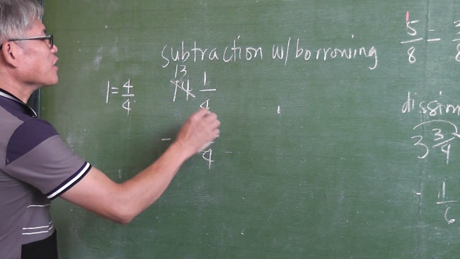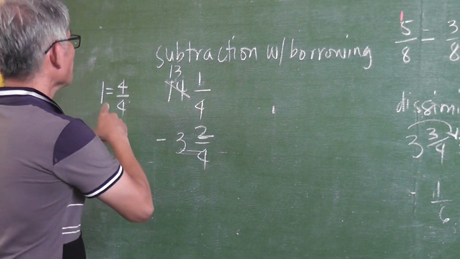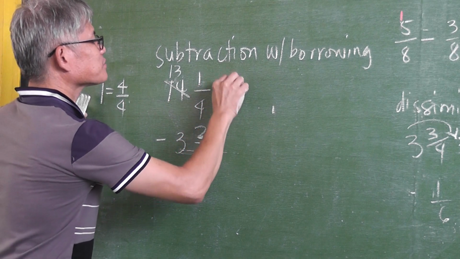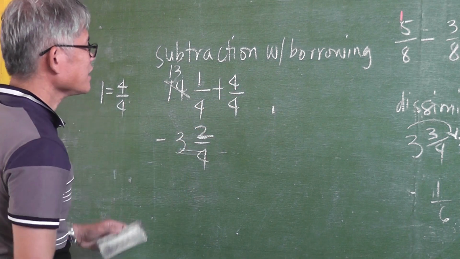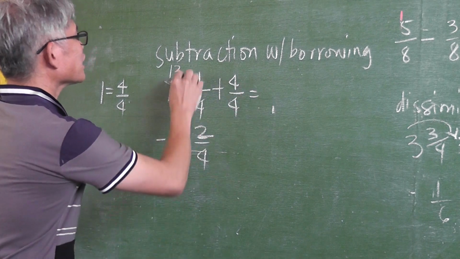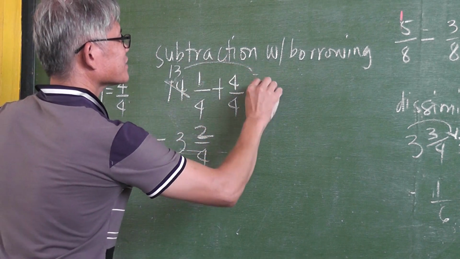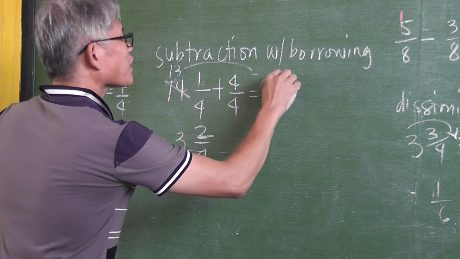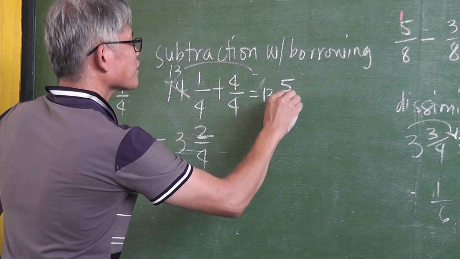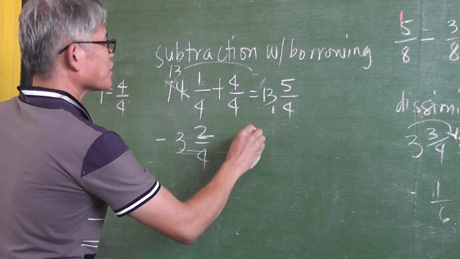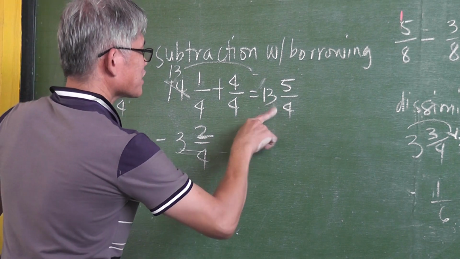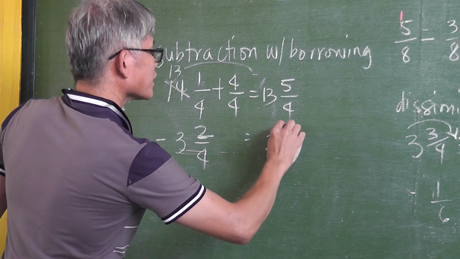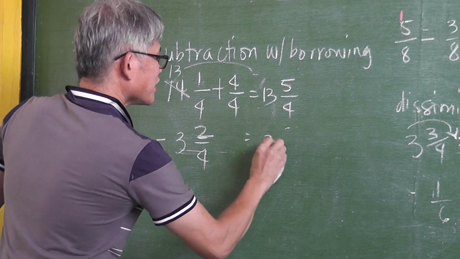So what are we going to do? We'll add this 4 over 4 to 1/4. We'll bring the 13 here, and then 1 plus 4 equals 5 over 4. And then we'll bring this fraction here also. We will align this. 3 and 2/4.